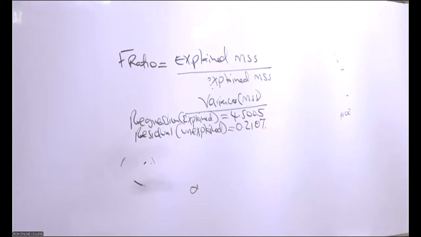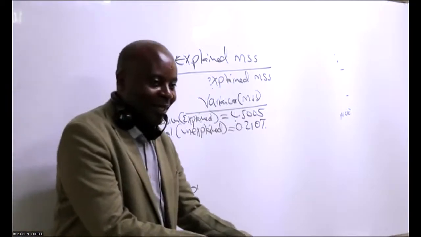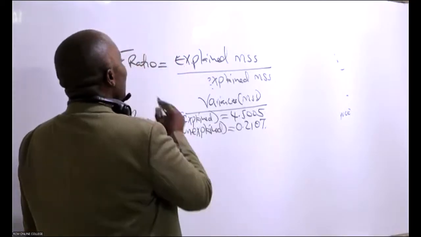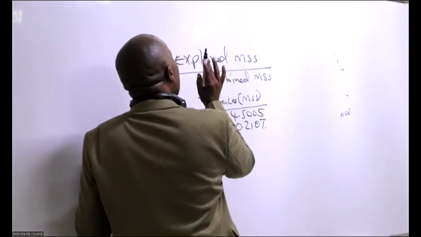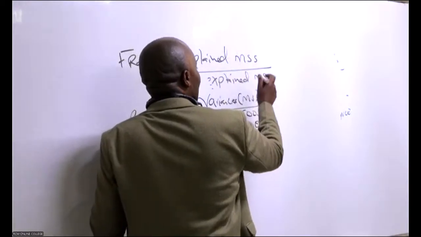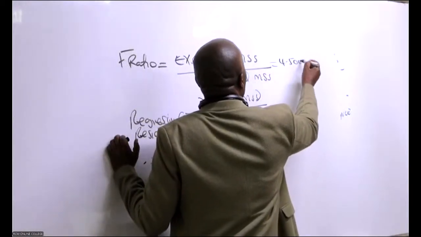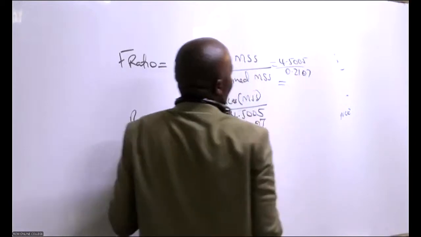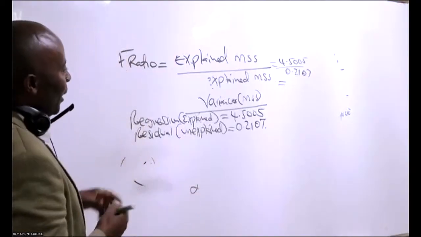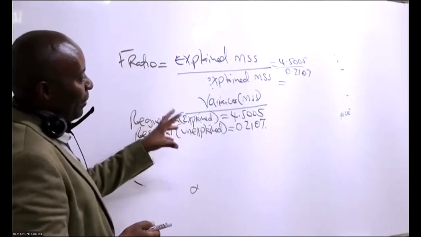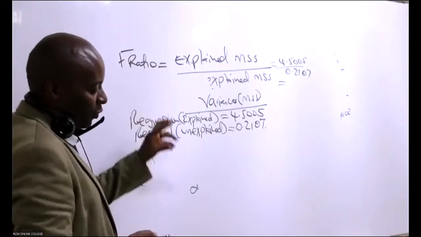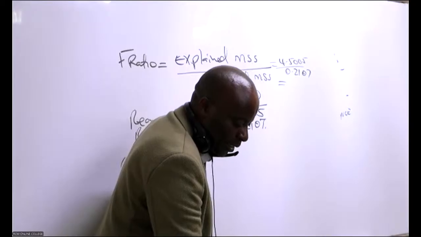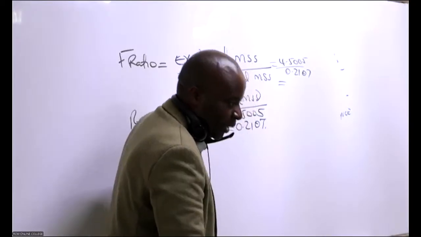To get the F ratio, we take explained mean sum of squares, which is 4.5005, over 0.2107. Explained MSS over unexplained MSS, isn't it? If you divide the two, what figure are we able to get? I can see a figure here, 21 point something, isn't it?